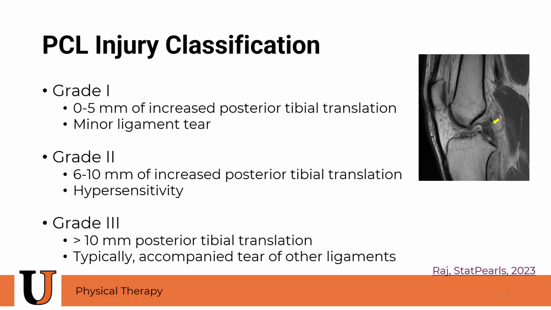Grade 2 would be 6 to 10 millimeters of increased tibial translation in the posterior direction, and another way they measure that is if the tibia is flush with the femoral condyles. And then grade 3 would be greater than 10 millimeters, or greater than 1 centimeter, of posterior tibial translation, and that's if the tibia lacks a firm endpoint when you're going through the posterior drawer test.